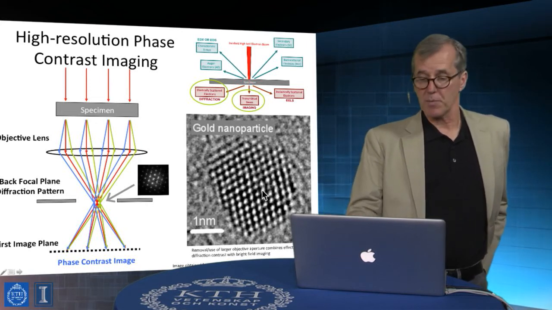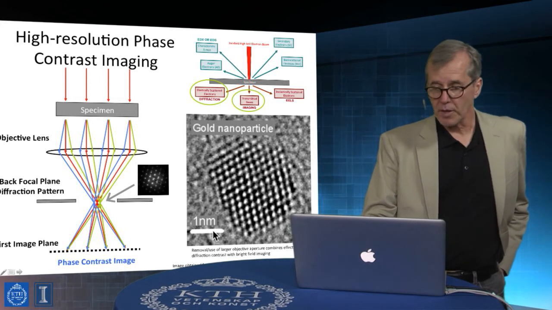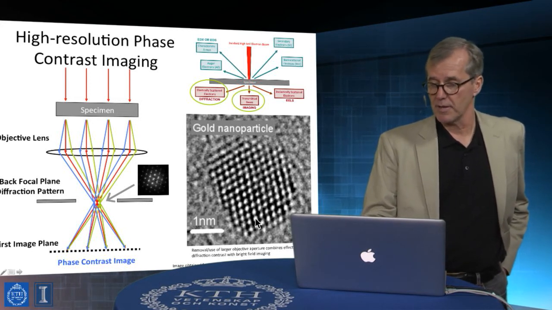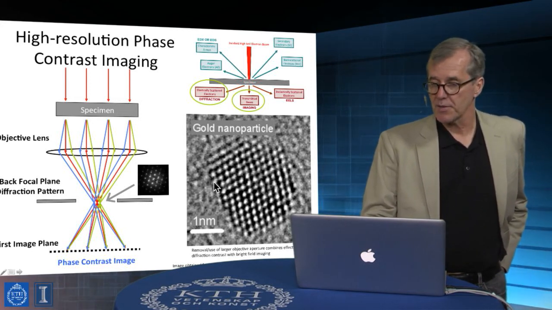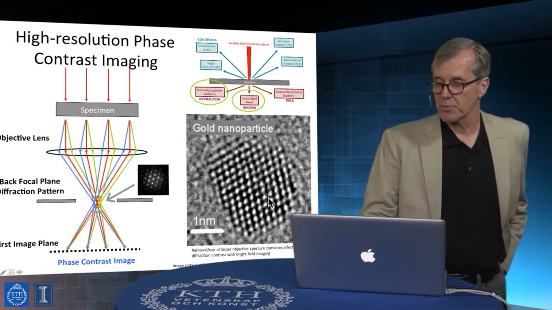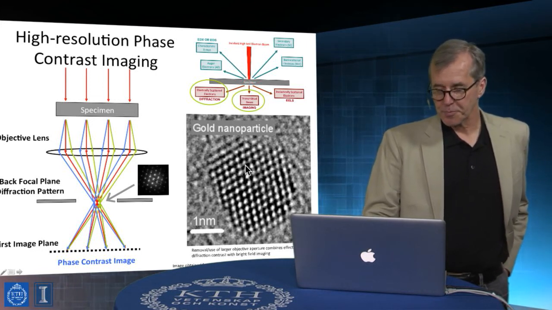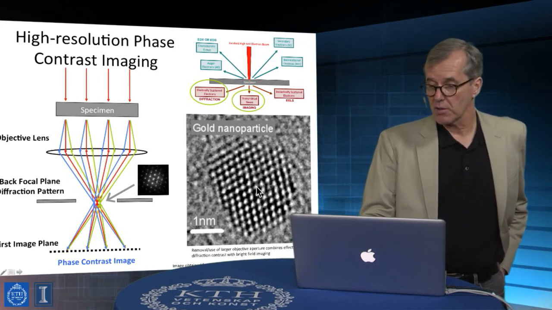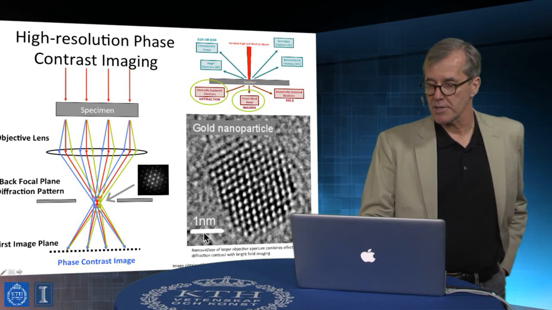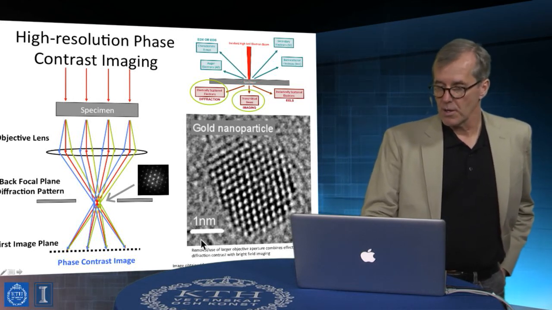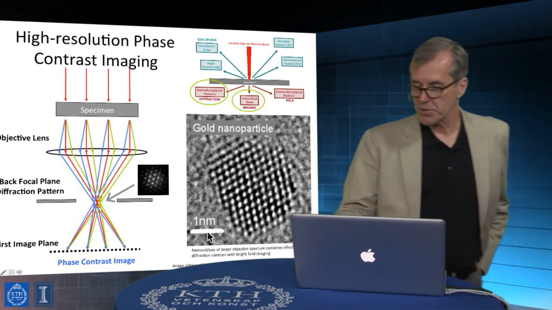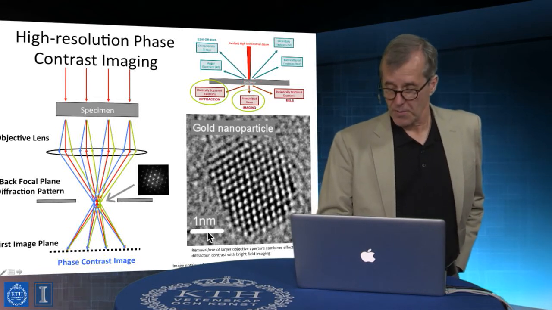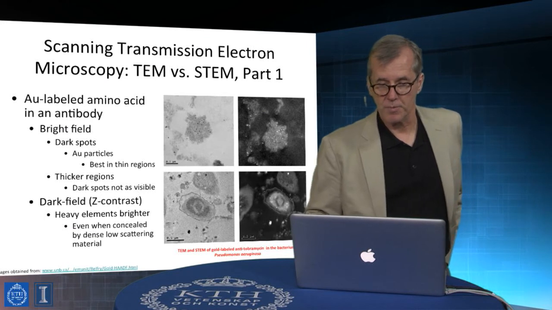But you can see that this is really beginning to approach an atomic level understanding of the structure of this gold particle. And clearly, looking at this, you would say that this small nanoscale cluster, a few nanometers in size, is actually a single crystal, right? And that really is a quite beautiful image. It's a 1 nanometer scale bar, so that's a fairly challenging imaging condition.